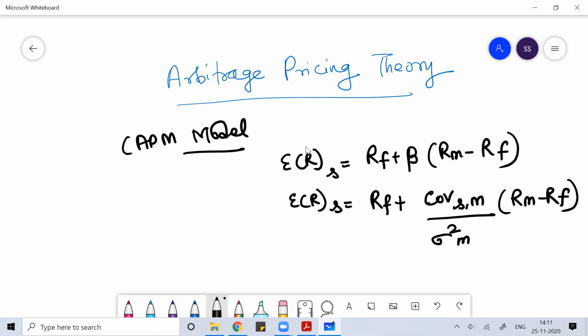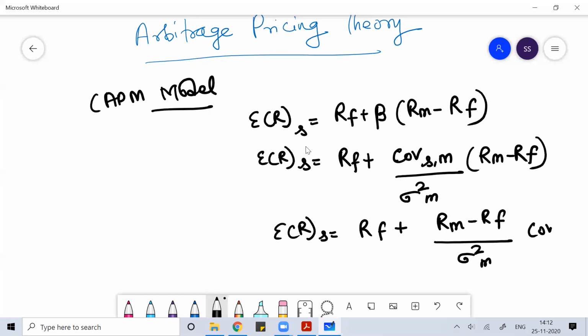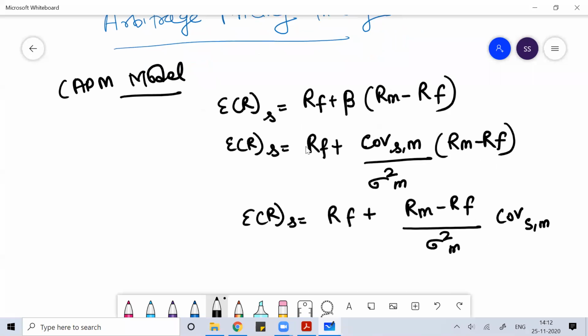Going further, I can write the expected return on the security as RF plus (RM minus RF) divided by the variance of market, into the covariance between security and market. So in the CAPM model, this is how we build the equation.